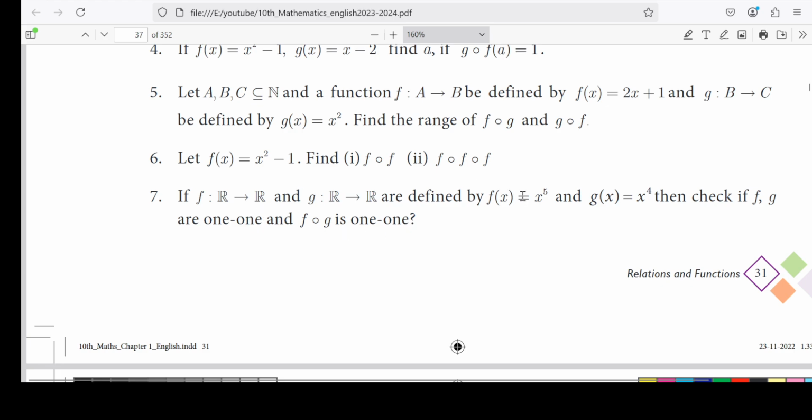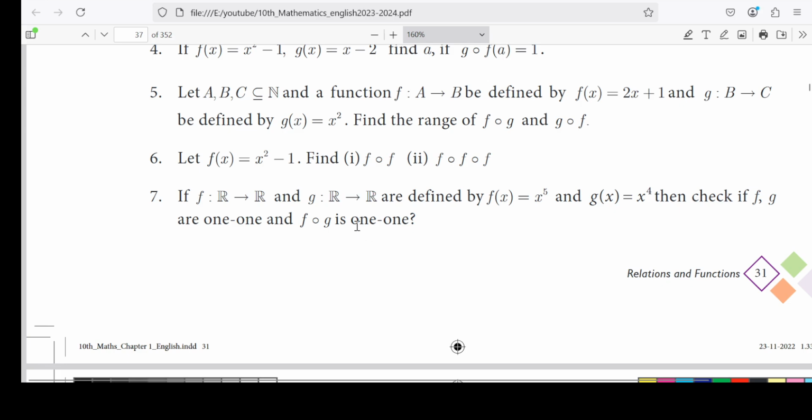Here, what is the question? The given data is f of x and g of x. What we need to find out is whether f and g are 1 to 1 functions, and whether f of g is 1 to 1 or not.